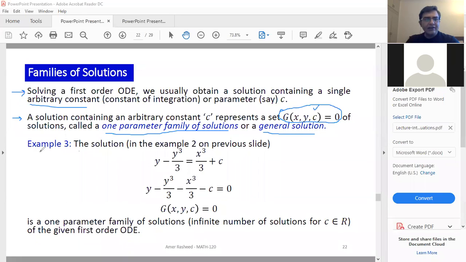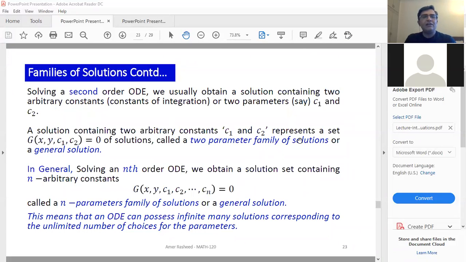For example, in example 3, the solution in example 2 on the previous slide, which I explained earlier, can be written in this form, G of x, y, c. So this solution contains one constant, so it is called a one parameter family of solutions of the first order ODE, or we can call it a general solution of the given differential equation. I hope you got it. If you have any question, you can ask me.